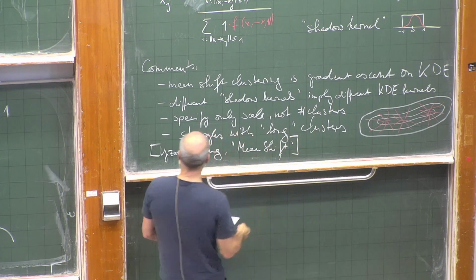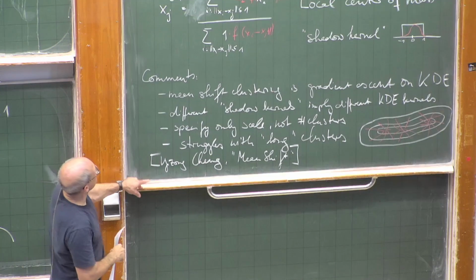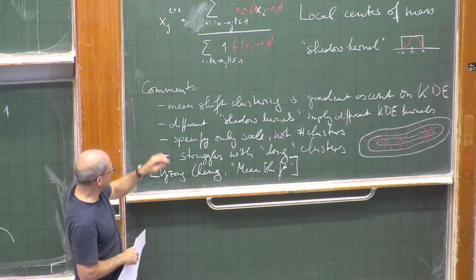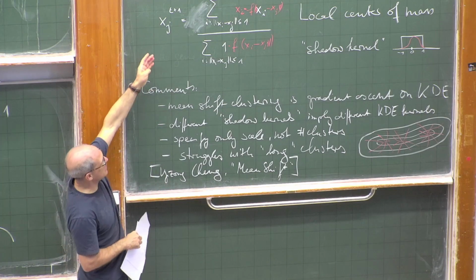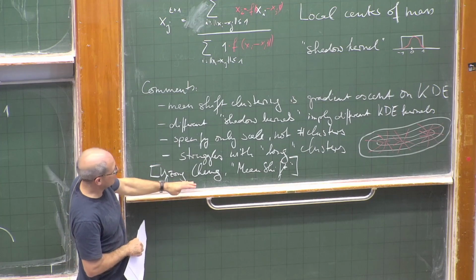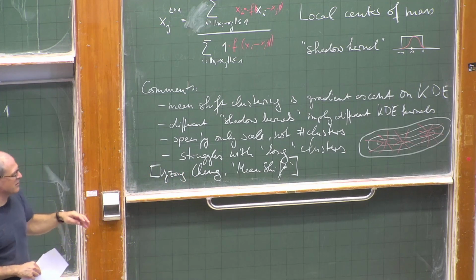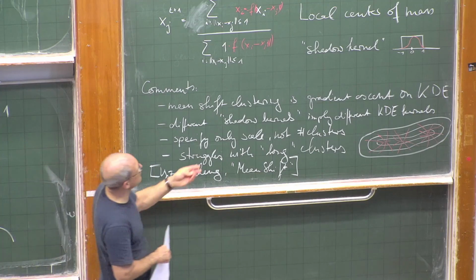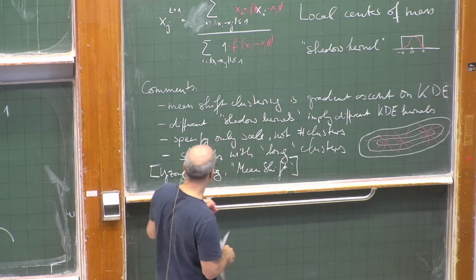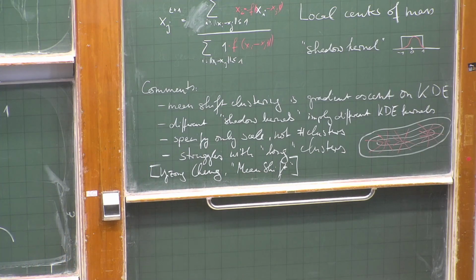And I like the paper a lot because the mean shift algorithm as such, so this formula, had been around since the 70s, but then it took 20 years for somebody to understand the relation to the kernel density estimate and to describe that relation in detail with these shadow kernels and so on. And that's what Yizong Cheng did in this paper here.